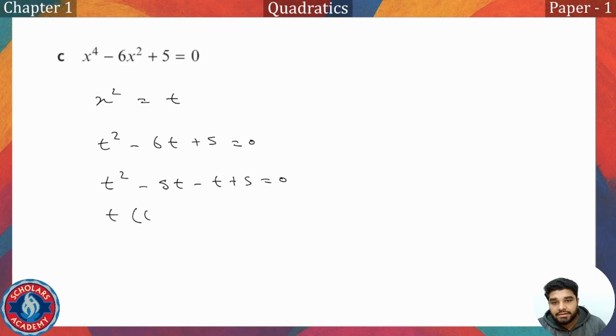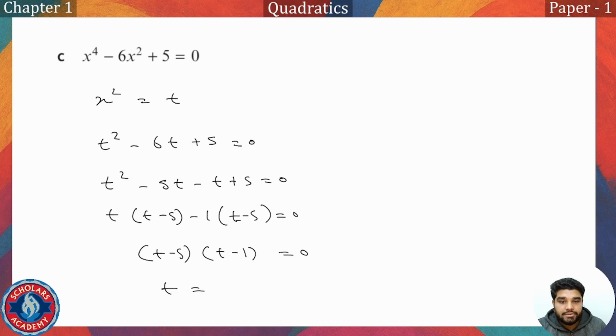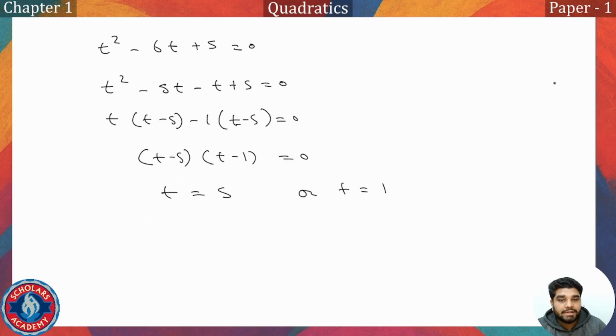Taking t common, t minus 5, taking minus 1 common, t minus 5 is equal to 0. Taking t minus 5 common, I get t minus 1 is equal to 0. So t is equal to 5 or t is equal to 1.